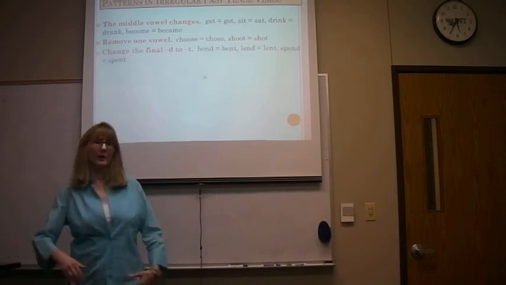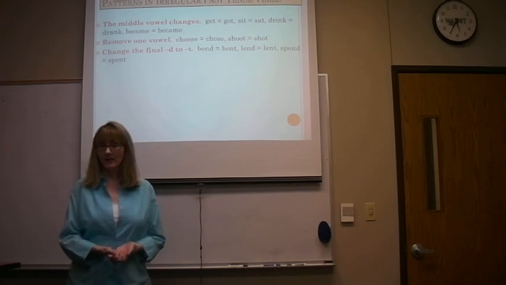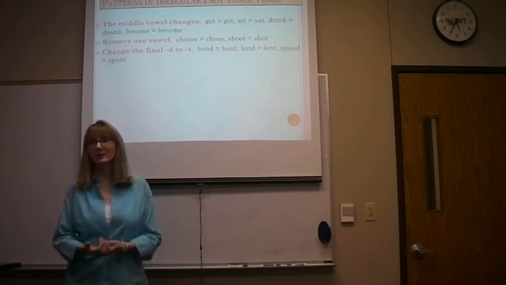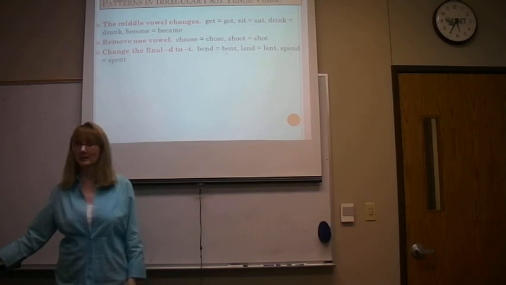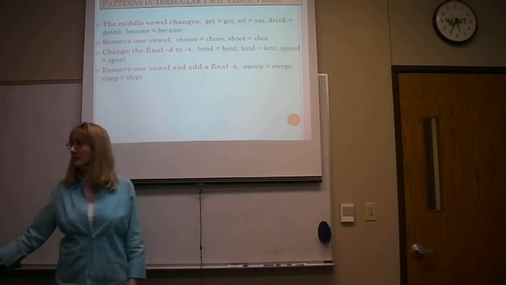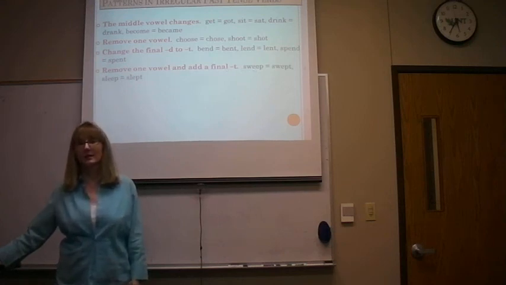Another one is where we take the D at the end and we change it to a T. Like bend, bent, lend, lent. Or sometimes we remove a vowel and we add a final T. Like sweep, we take out one of the E's and add a T at the end and it becomes swept.